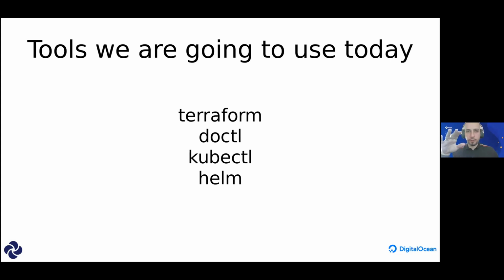Let's talk about doctl separately right now. doctl is a CLI tool that allows you to manage, list, and control the stuff you have in DigitalOcean, and we will be using it today to list the clusters and to install something into them. And kubectl and Helm, well, again, they are a standard when it comes to Kubernetes and installing packages into it.